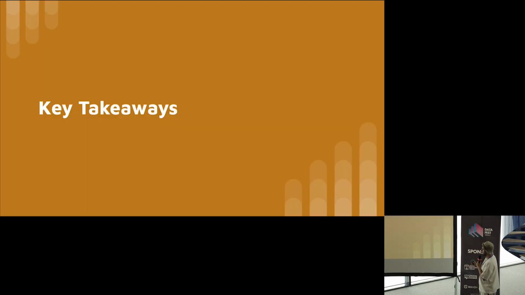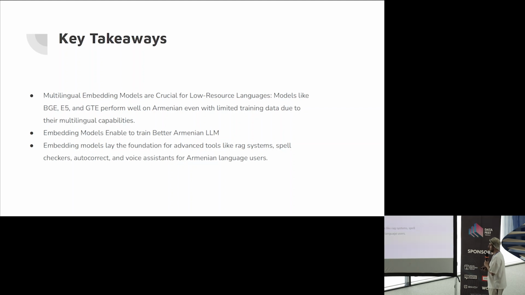So the key takeaways from our research are that multilingual embedding models are crucial for low resource language models, and these top models are working really well with limited data, the BGE, the E5 and GT, and even without any training, they are already doing very well.